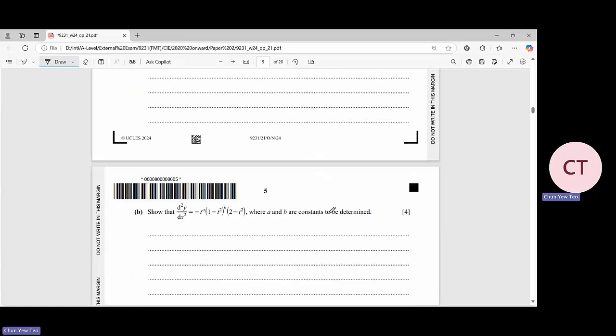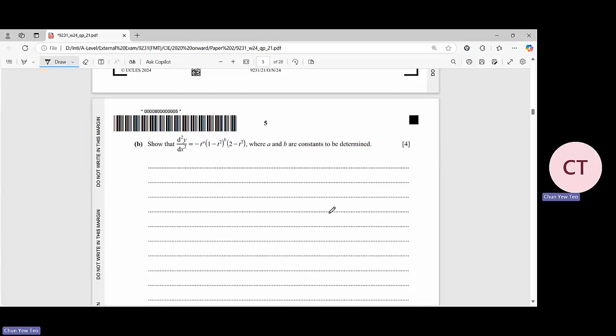Now we move on to part B. Now they want you to find the second derivative and show that it can be expressed in such a form, where A and B are constants to be determined. What you need to do now is differentiate the first derivative again.